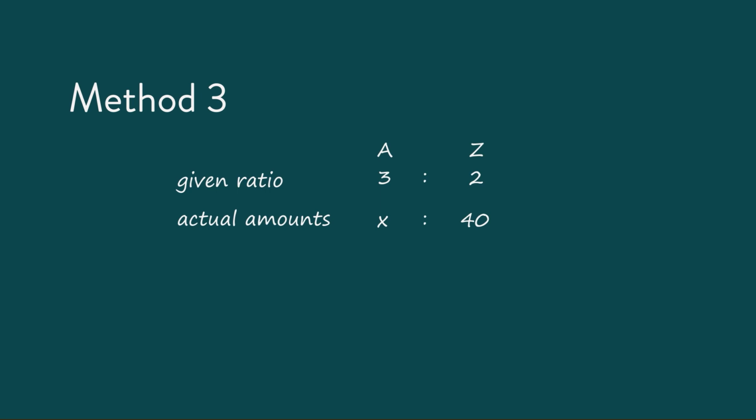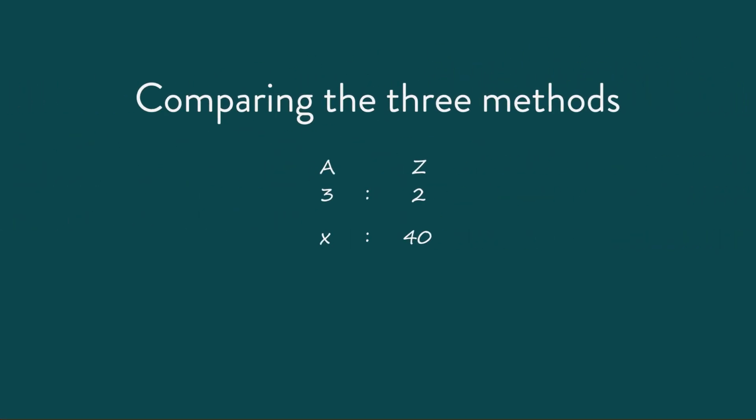There are another two methods for determining an unknown amount in a proportion. However, these are only needed for solving changing ratio problems, which is higher tier only. So these will be covered in the higher tiers section, changing ratios. We'll now compare the three methods recorded on the sticky notes. Comparing the three methods.